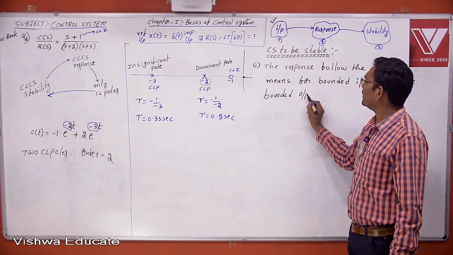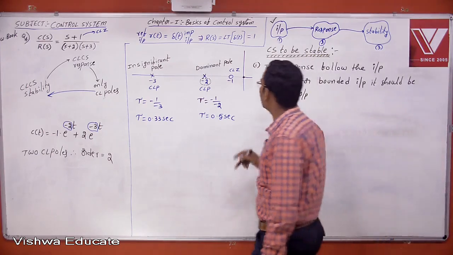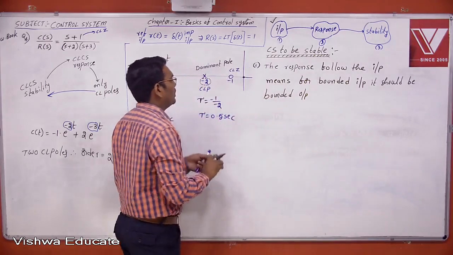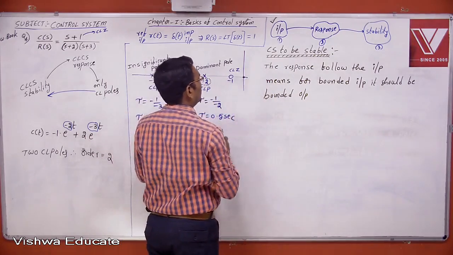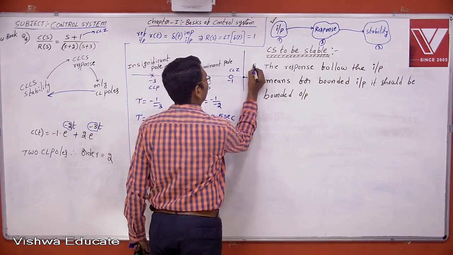For finite input it should be a finite output, then that control system is said to be stable. This is the first point.